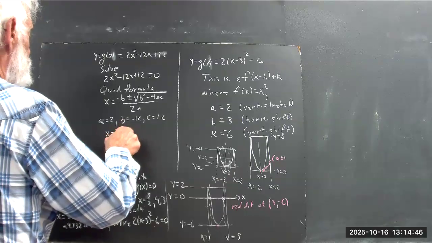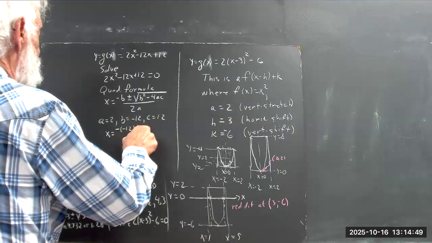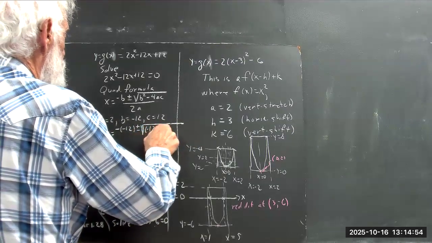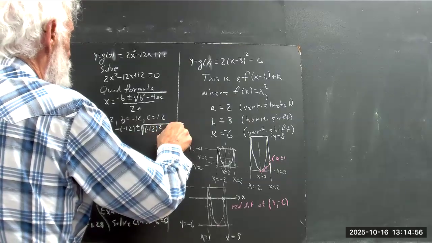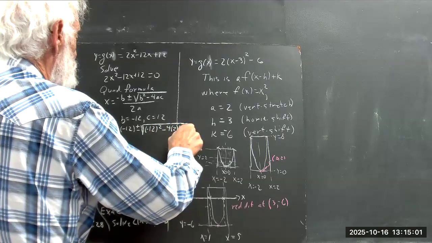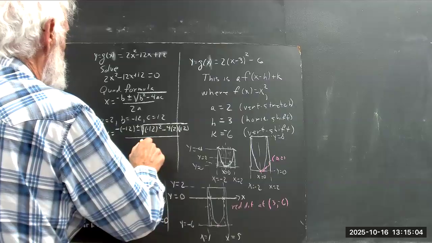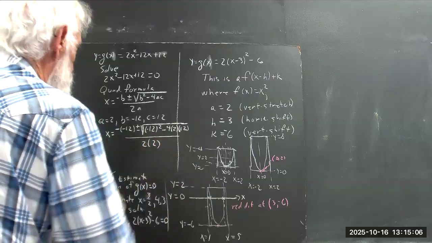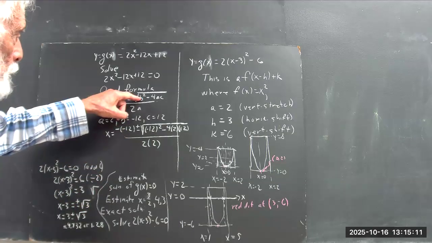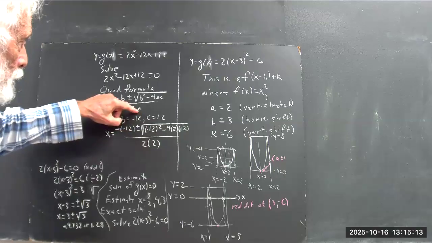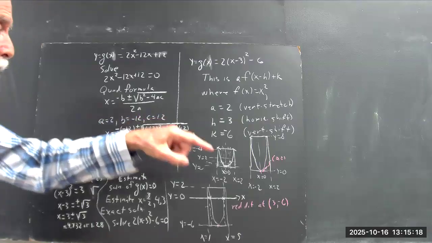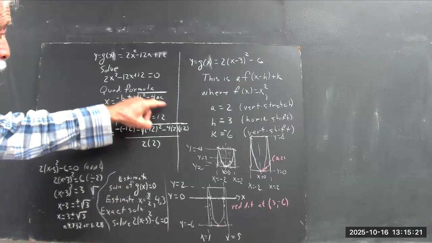So x is negative of negative 12 plus or minus the square root of negative 12 squared minus 4 times 2 times 12, all divided by 2 times 2. So you see that B is negative 12, B is negative 12. This A is 2, this A is 2. We have the negative 4, that's always there. And C is 12.